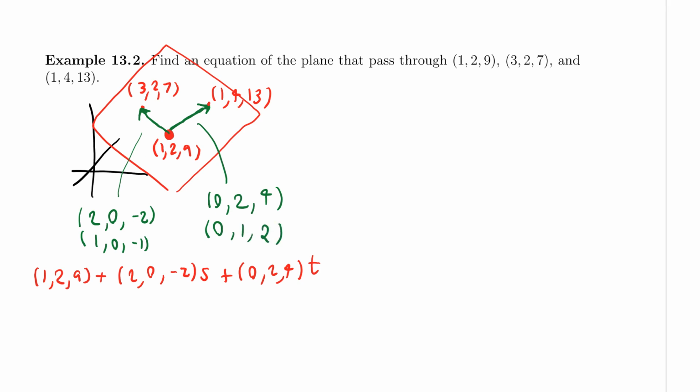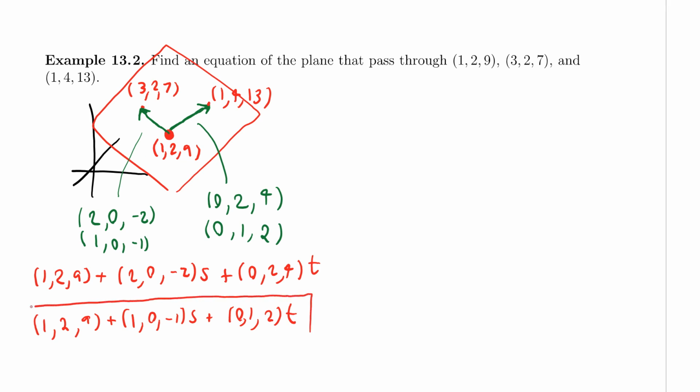So alternatively, I can write this equation as 1, 2, 9 plus s times 1, 0, -1 plus t times 0, 1, 2. These two equations are actually the same thing, because my s here is just twice as big as the other one. So this is my vector valued parametric equation of the plane that I want.